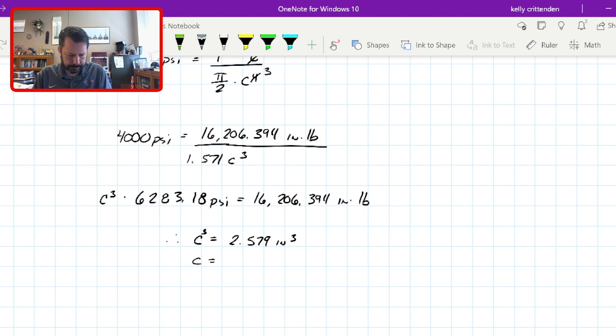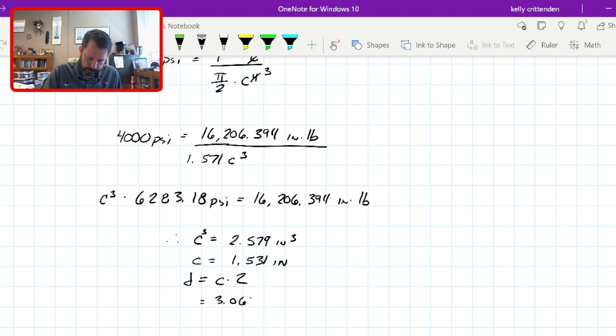That could be right. 1.531 inches. And that's not the diameter though, remember that's the radius. So diameter is equal to C times 2. 3.062 inches. But that's assuming I actually did the cube root right, which maybe I did. Let's find out.